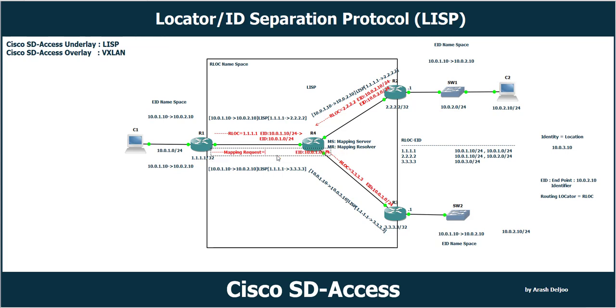This is something like ARP, but we actually ask about the routing locator, not the MAC address. You know that we register ourselves in the MS and we ask the MR. It means that R1 asks R4, what is the RLOC of 10.0.2.10?